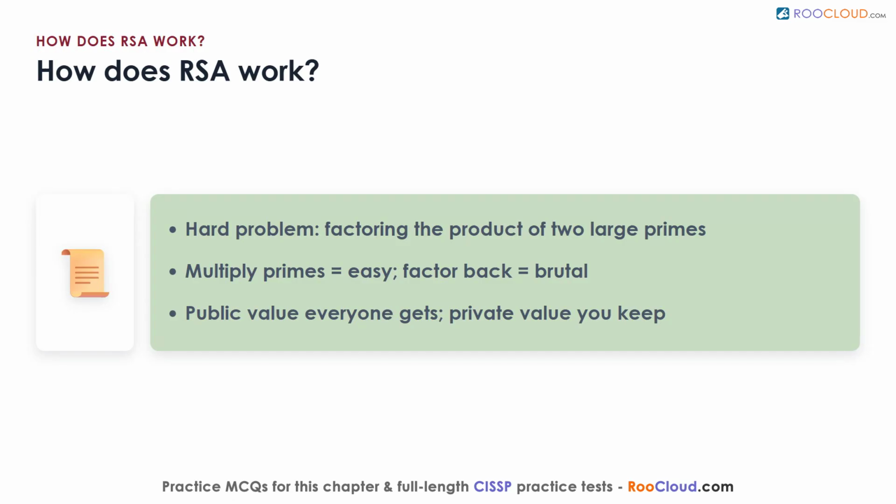From that product, you derive a public value that everyone gets, and a private value you keep secret. A sender raises the message to the public exponent and takes the remainder against that product to get ciphertext. You reverse it with your private value to recover the original. To break RSA, you would have to factor that giant product, which is exactly the wall it leans on.